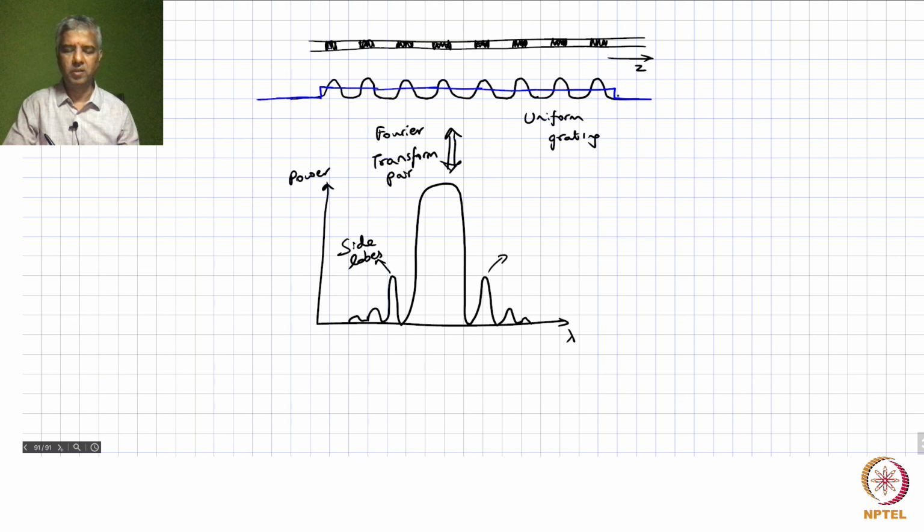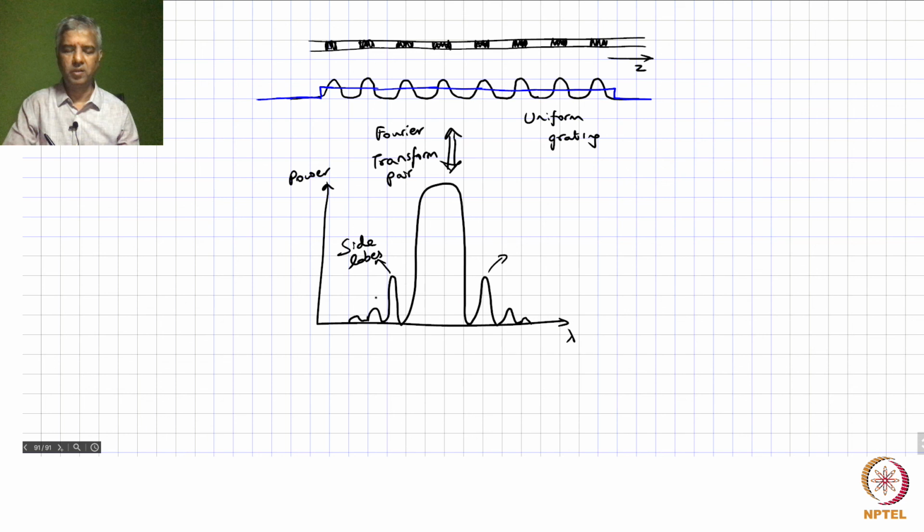There may be a question: this is more sinusoidal, what if it is squarish? Well, if it is squarish, then that corresponds to harmonics of this reflection spectrum at shorter wavelengths, that we are not too worried about.